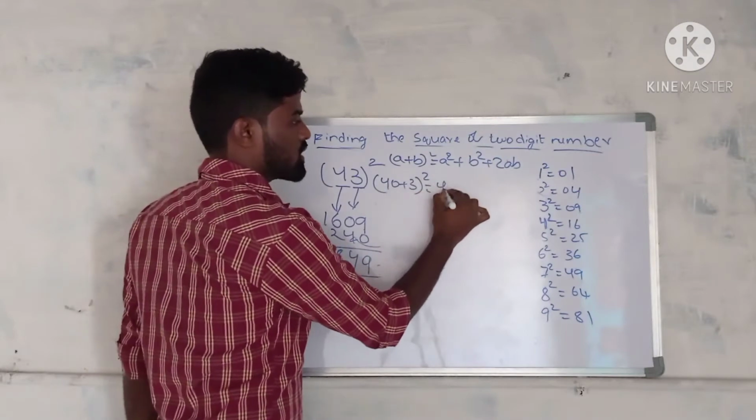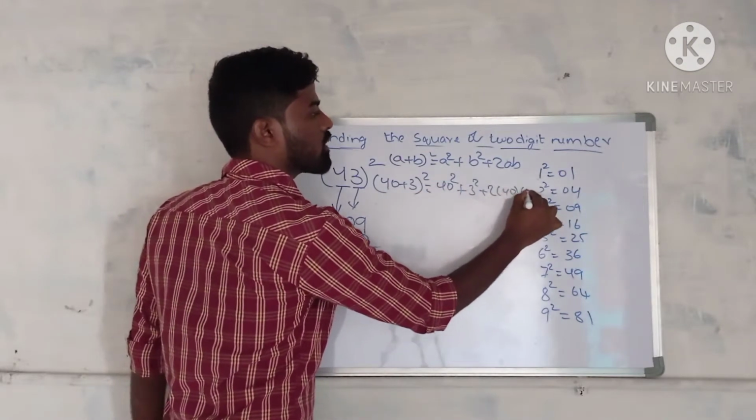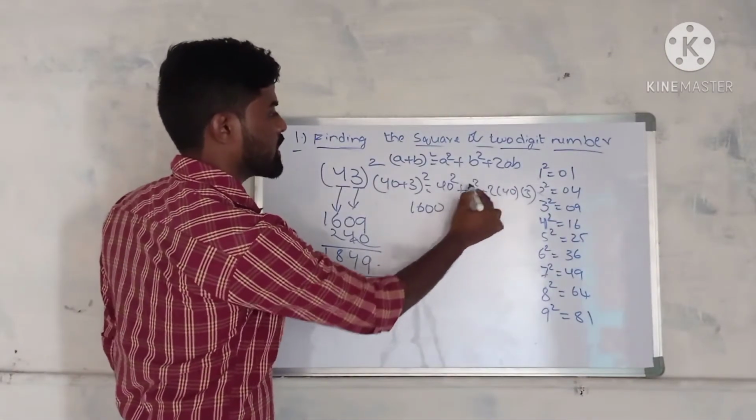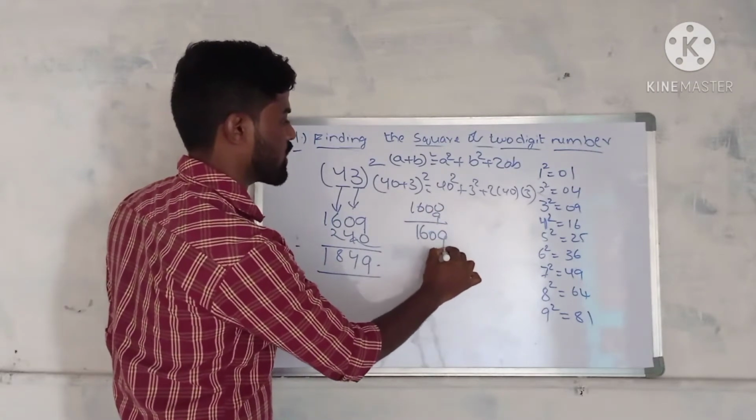It will be 40 square plus 3 square plus 2 into 40 into 3. 40 square is 1600, 3 square is 9. If we add this, it will become 1609.